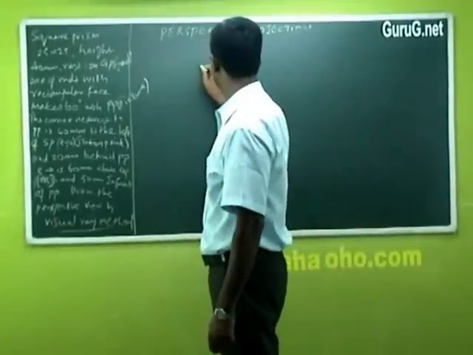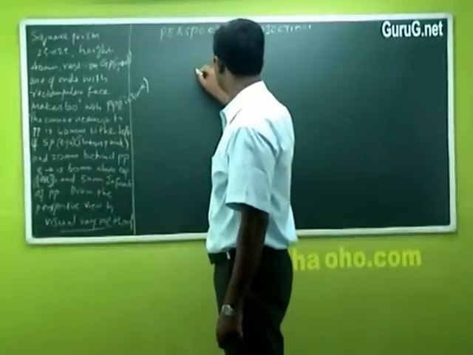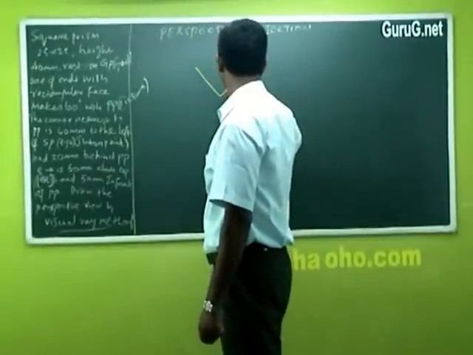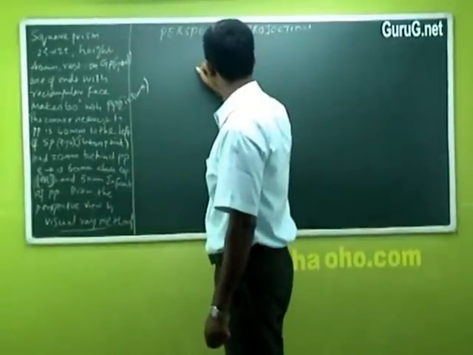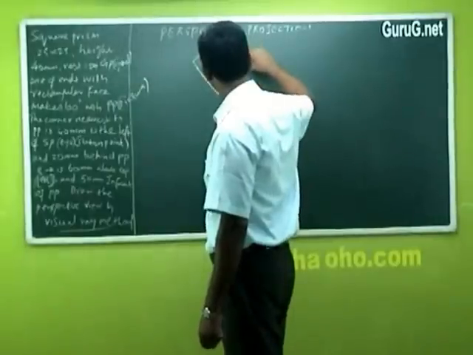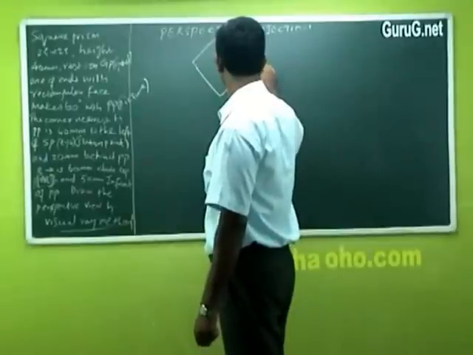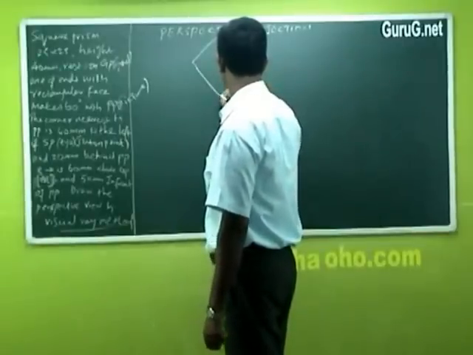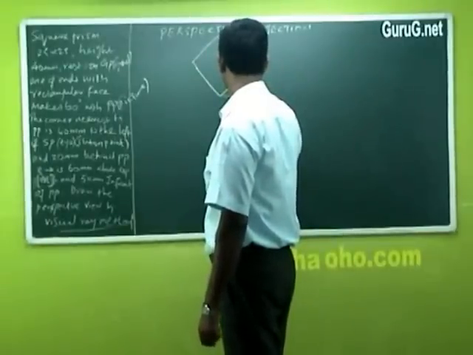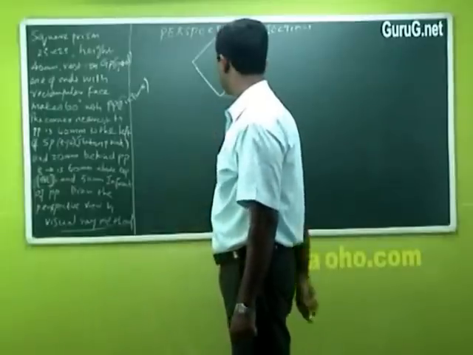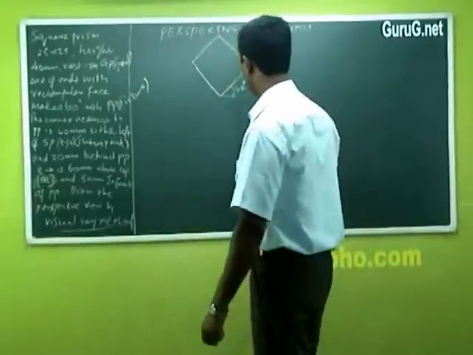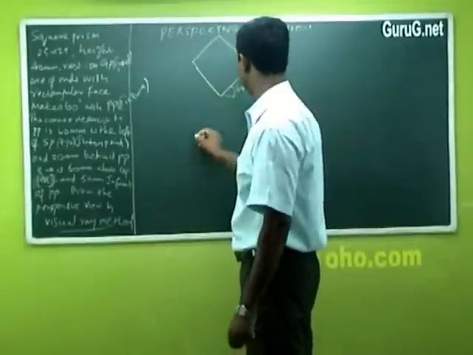So I'll draw this slowly, like this, it makes a 60 degree angle. This is 60 degrees, fine, and this corner is considered to be the nearest.